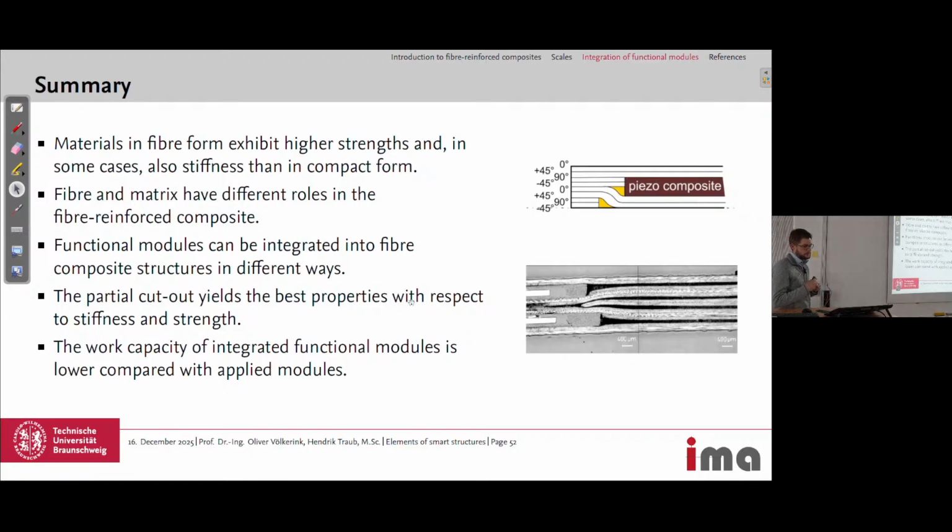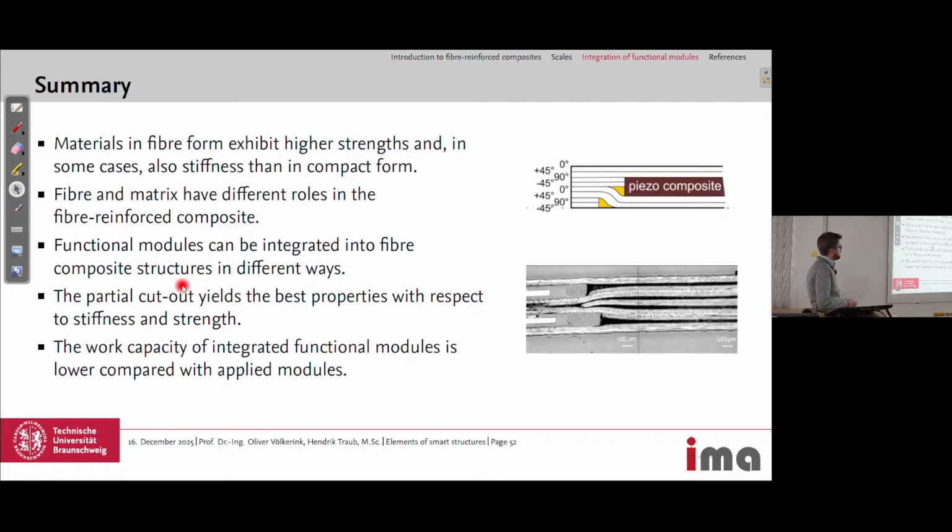So to sum up, materials in fiber form exhibit higher strength, and in some cases also higher stiffnesses than in compact form. Fiber and matrix have different roles in the fiber reinforced composite. Fibers bear the loads. The matrix material is, let's say, helping the structure to introduce the loads and also to keep the fibers in place and to protect them.